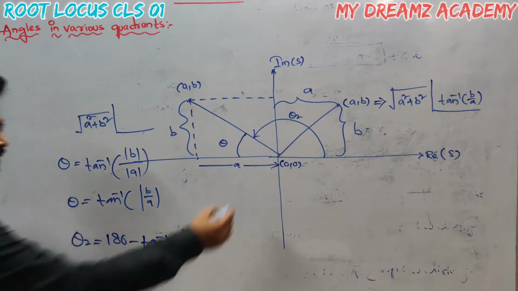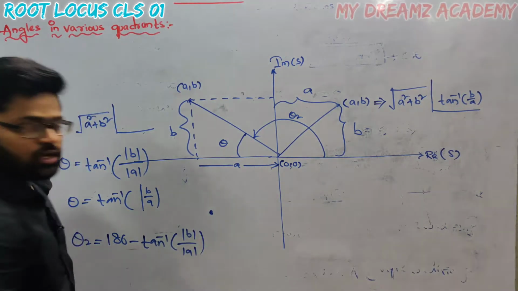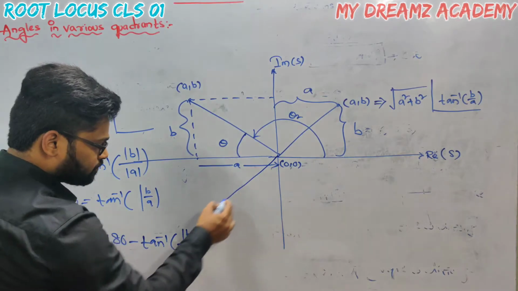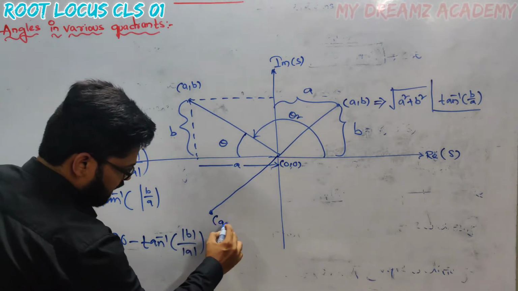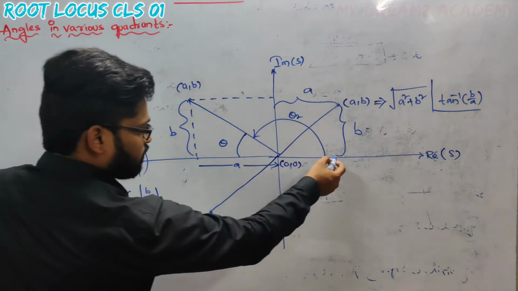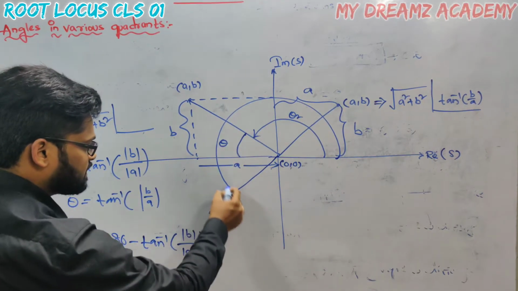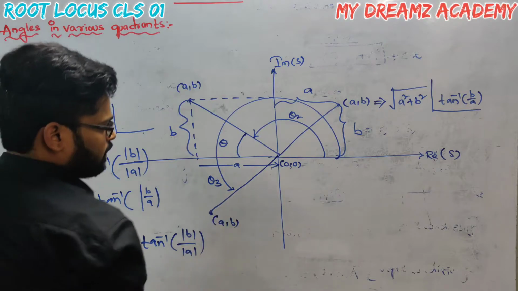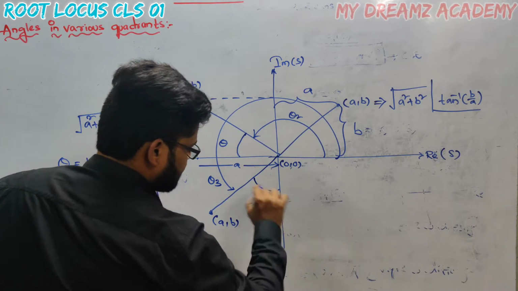Similarly, if one point is located in the third quadrant, and the same value A comma B, let us consider this is theta 3 and this is theta.